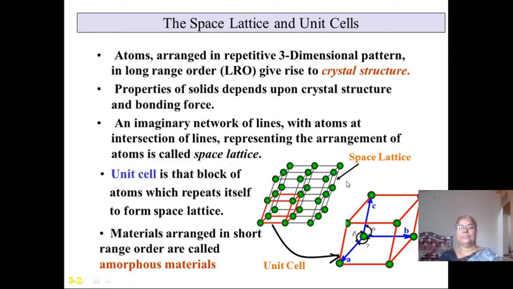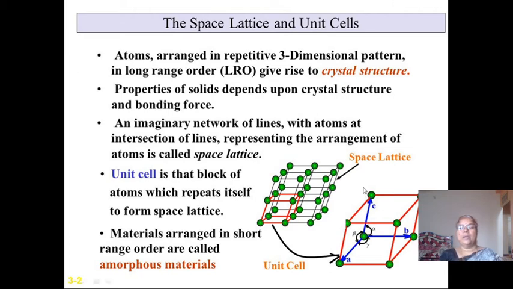Then suppose this is a cube. Okay, this is a cube and here is one atom, here is one atom or ion. Suppose we consider this is a cube and we have here some atoms. Then the position occupied by an atom in a crystal structure is called a lattice site or lattice point.